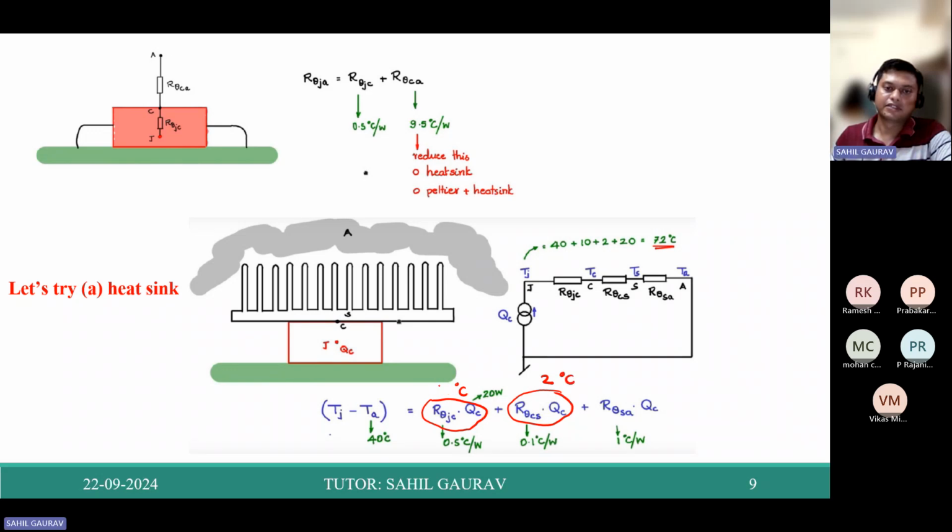And the sink to ambient drop will come as 20 degrees Celsius.